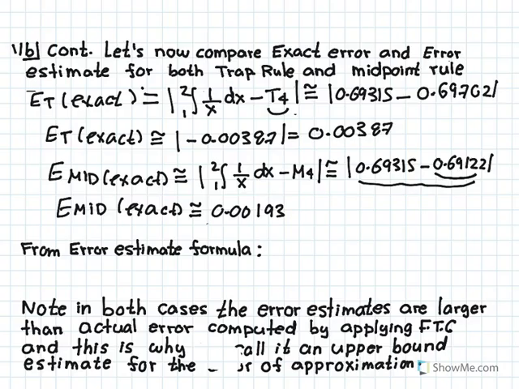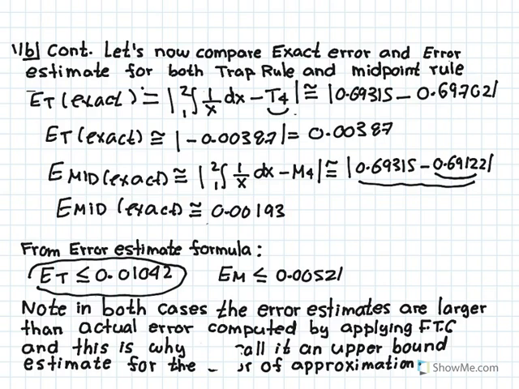So from the error estimate formula we found earlier, the upper bound on the error for the trapezoidal rule was 0.01042. For the midpoint rule, error midpoint is less than or equal to 0.00521. Now compare the upper bound on the error for the trapezoidal rule, 0.01042, to the actual error, which is 0.00387, and you'll see how the upper bound is more than the actual error, as it should be.